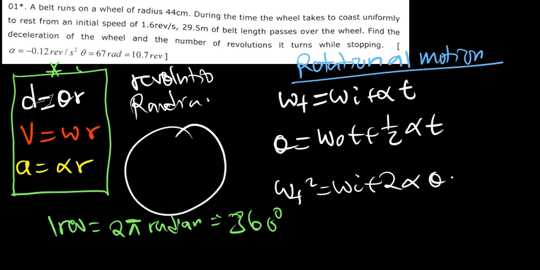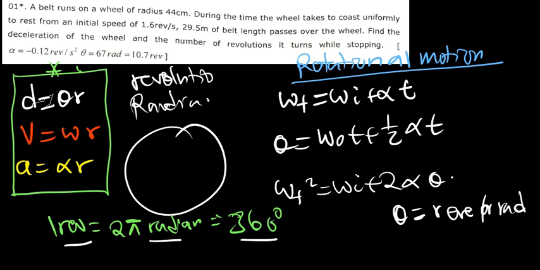So this theta can be either in revolution, in rad, or in degrees. So when you want to convert from revolution to degrees, you know that one revolution is equal to 360 degrees. But in most cases, when we're talking about circular motion, we're going to be leaving our answers in revolution or in rad. So the units for theta are revolution, rad, or even degrees.